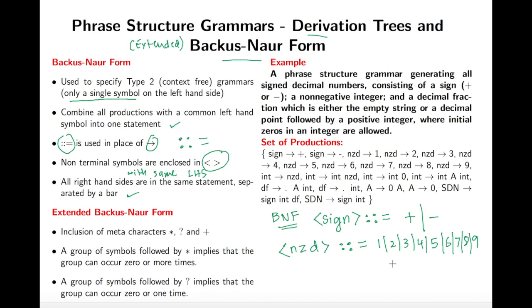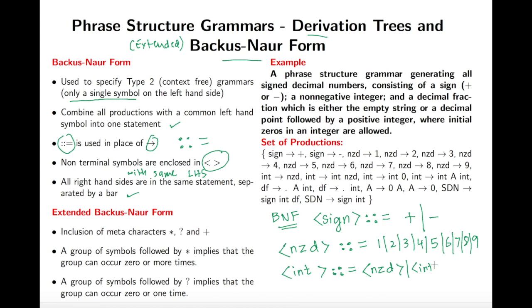Then we have integer, and for this integer I can say non-zero digit, because of this production.